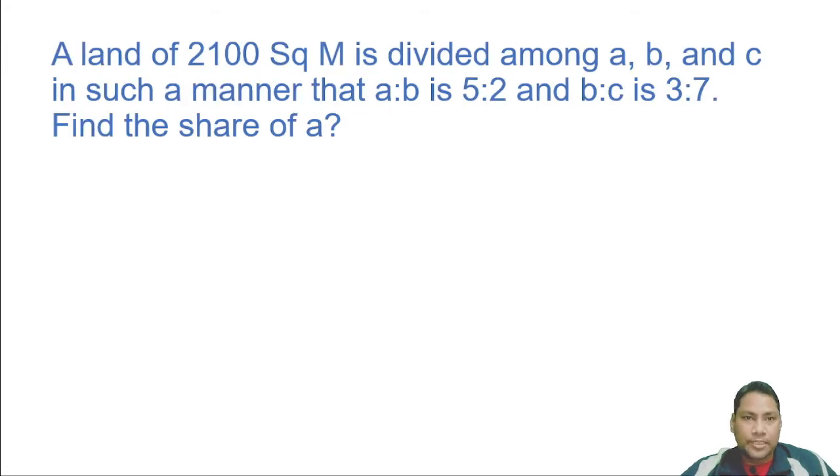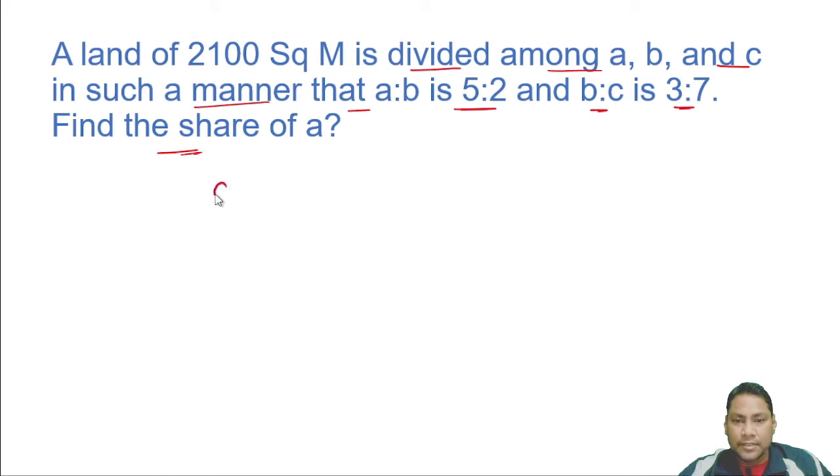So likewise, you can solve this type of problem. Now let us move to the second question. A land of 2100 square meters is divided among A, B and C in such a manner that A:B is 5:2, B:C is 3:7. Find the share of A. So friends, in the question they have given A:B is 5:2 and B:C is given 3:7.